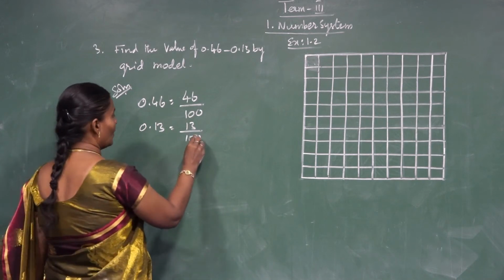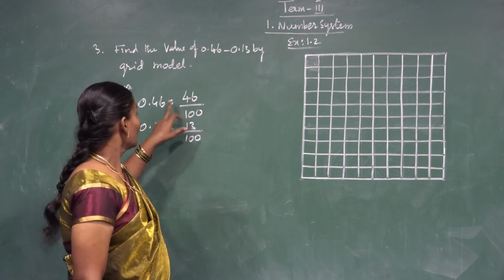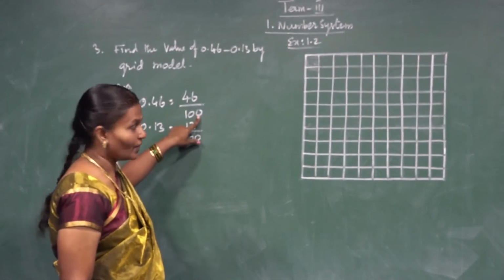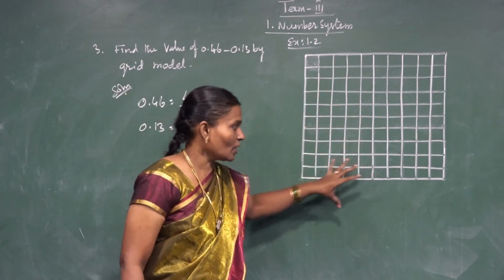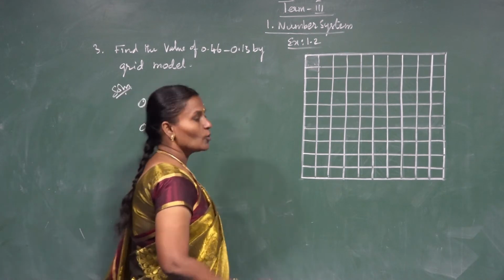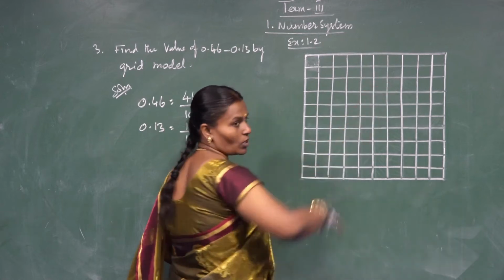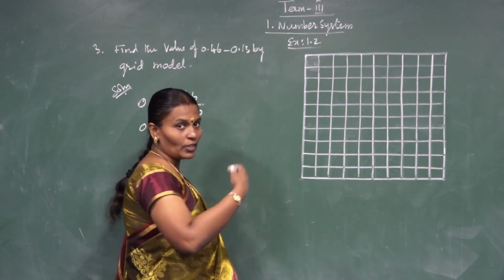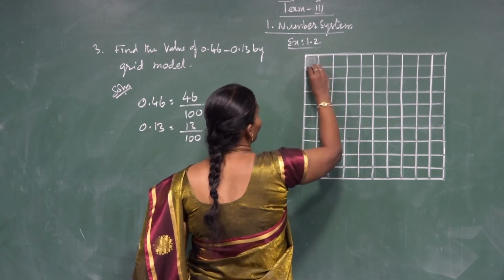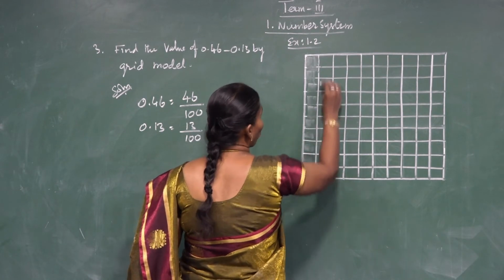Okay. So, now first you have to shade for this 46. So 46 out of 100. So in 100 boxes you have to shade 46. 46 means 4 columns and 6 boxes. You have to shade. Fifth column 6 boxes. Now see, so shade this.